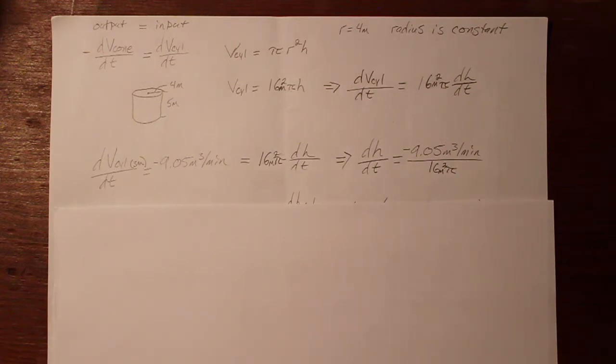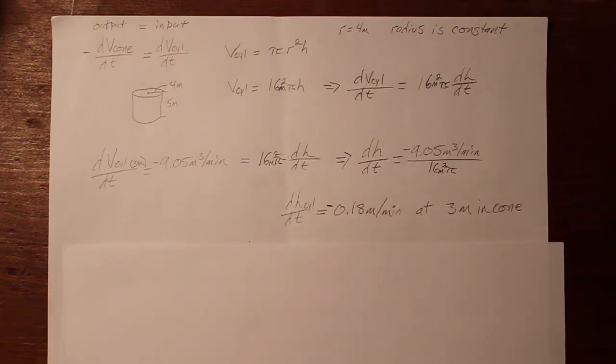Now, substituting the rate of change of volume for the cylinder at 3 meters with respect to time, which is our negative 9.05 cubic meters per minute, we set that equal to our 16 meters squared pi times the derivative of the height with respect to time, and then divide by 16 meters squared pi to solve for our derivative of h with respect to time.